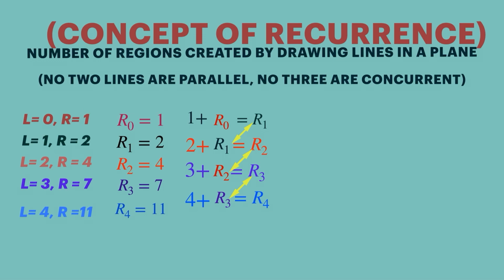So there is a diagonal relation between two consecutive equations, two consecutive terms of R, and from this relation we get the general recurrence relation, that is Rn equal to n plus Rn minus 1, because putting the value of n equal to 1, 2, 3, 4, etc., we get the equations.